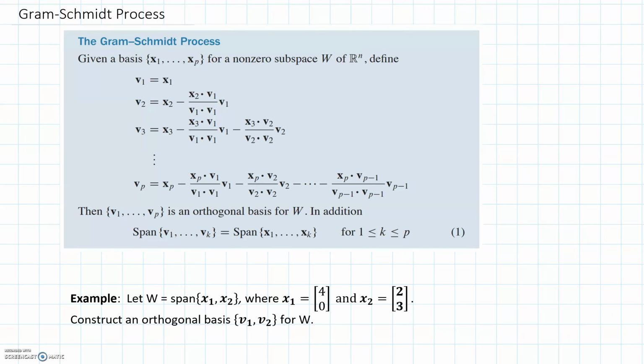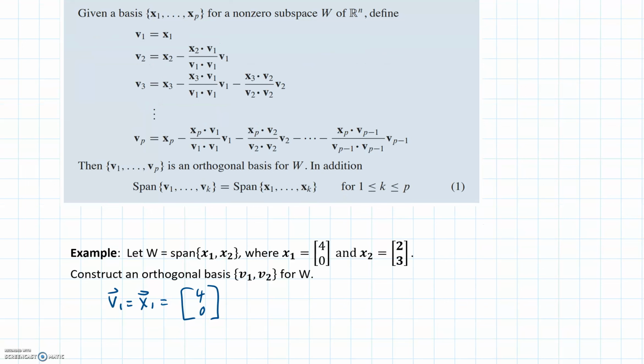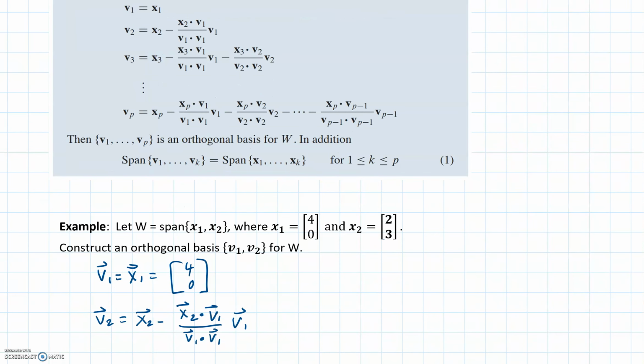Okay, so let's start. Let V1 equal x1. V2 is x2 minus the projection along the line V1. So let's look at x2 dotted with V1, which is the same really as x2 dotted with x1.